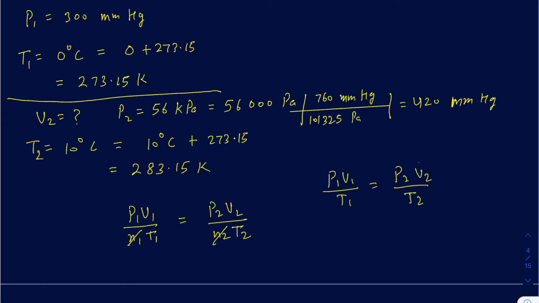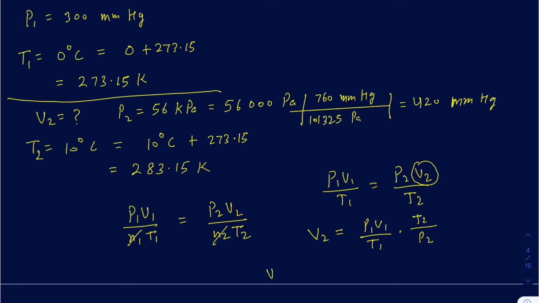I'm trying to figure out V2 here, so I'll leave that on one side and take everything else on the other side. So P1V1 over T1 times T2 over P2. If you have a hard time rearranging those, you can just plug in the values of everything and solve for V2 that way. It doesn't matter how you do the math as long as you do it right.